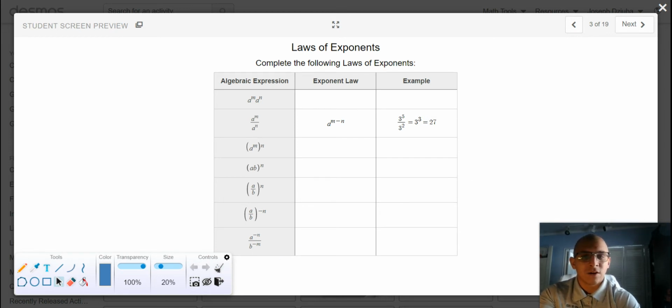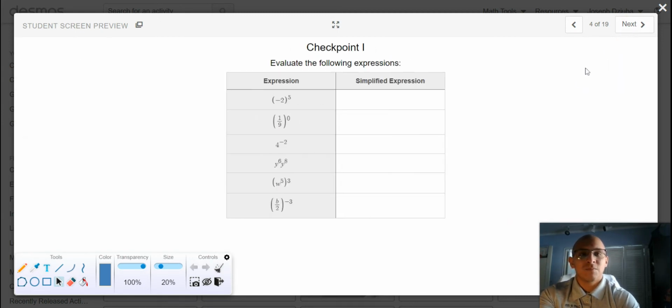You're tasked with simplifying all these expressions. I'm pretty interested to see how you handle the ones towards the bottom as they have a higher level of difficulty. And then I'm tasking you to evaluate these numerical expressions.